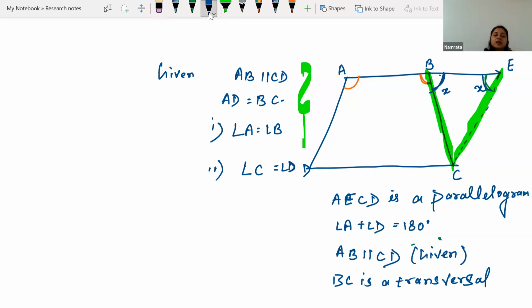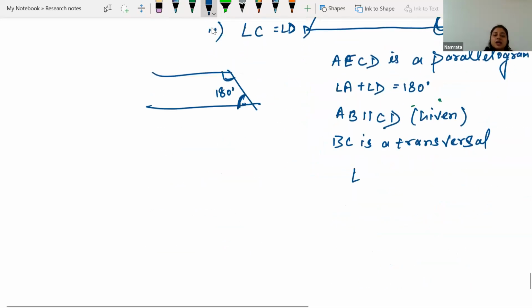And two parallel lines cut by a transversal like this, then the sum of interior angles on the same side will be 180 degrees, or if you call it co-interior angles, the sum of this angle B and angle C will be 180 degrees, right? So let's write it. Angle B plus angle C will be 180 degrees.